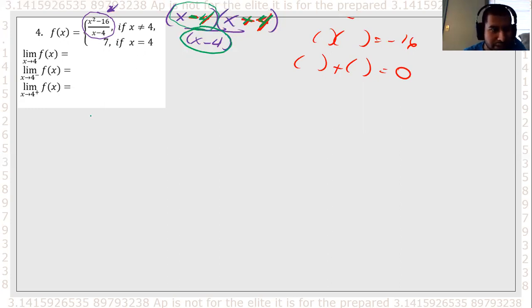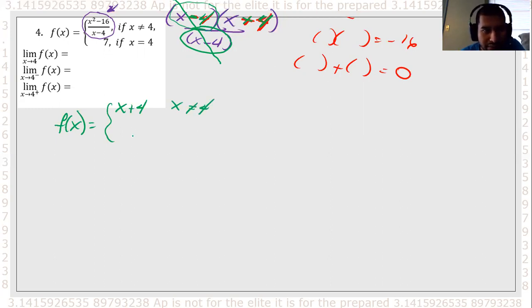So our new expression is f of x equals whatever was left over, because these simplified from our other lesson: x plus 4, and this cannot be equal to 4. And then 7 when x equals 4. So this is our new piecewise function. Now we can go ahead and do the same as last time. Find the limit as x goes to 4 from both sides.